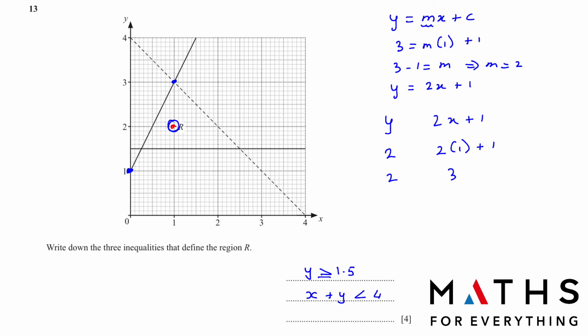As you can see, the y value is less than 2x plus 1. So we put less than sign. It is a dark line, so it will be a double line. Y is less than or equal to 2x plus 1. So we are done with this question now.